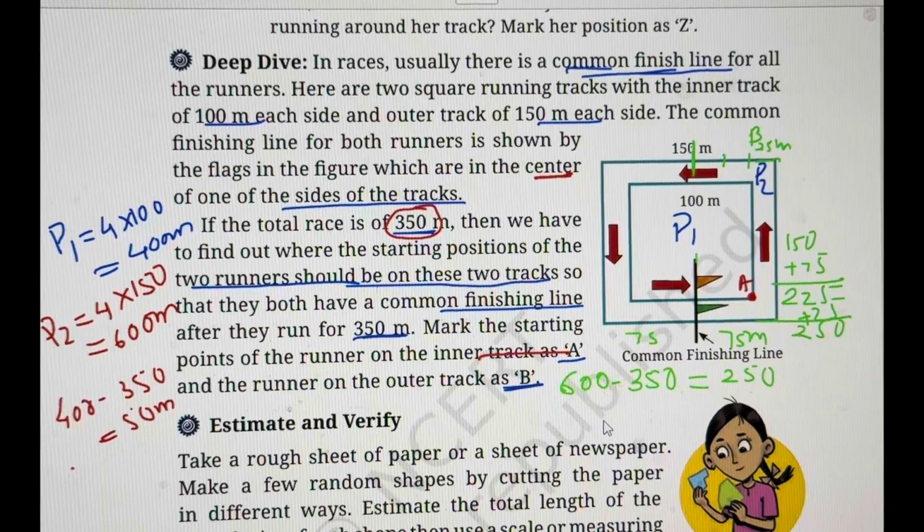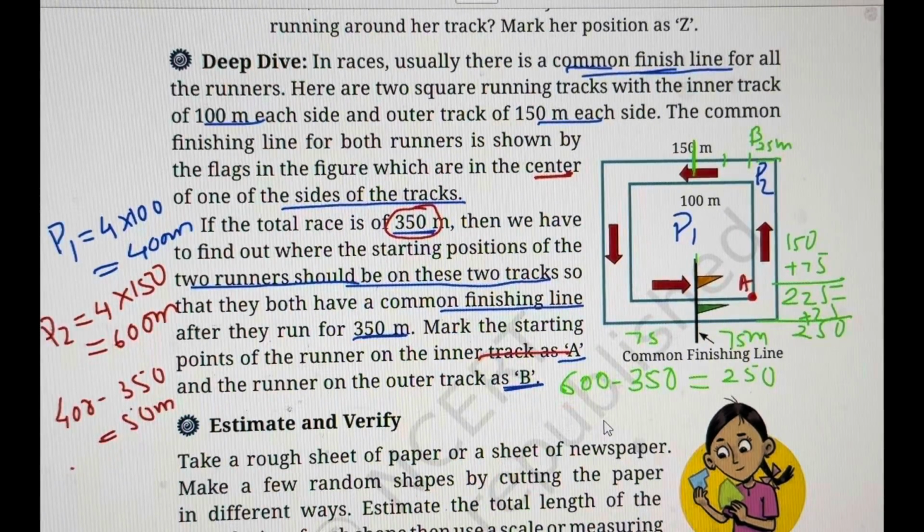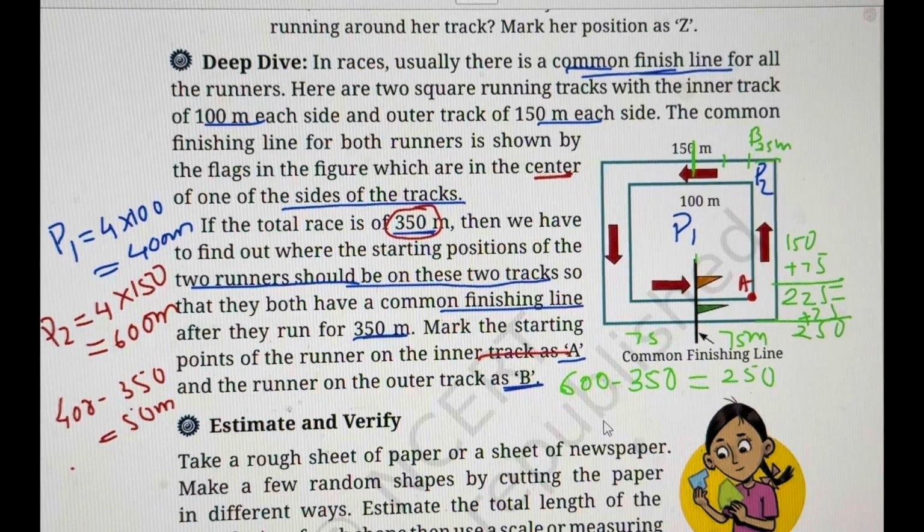Such an interesting question, and you can actually try this out in your school playground with the help of your sports teachers. It will be fun, and you will also understand how the races are fair.